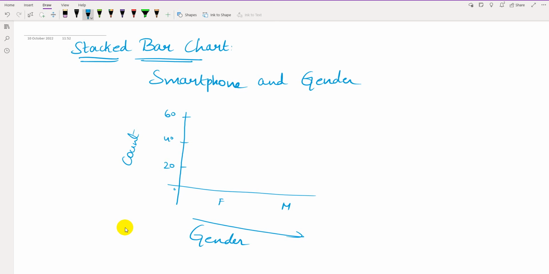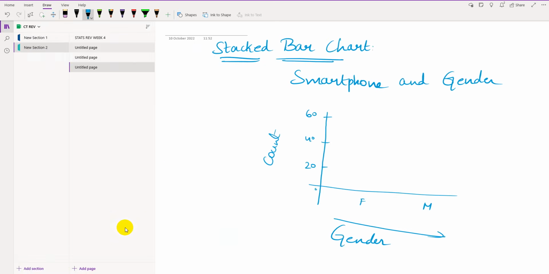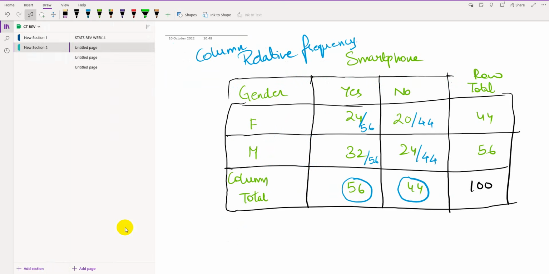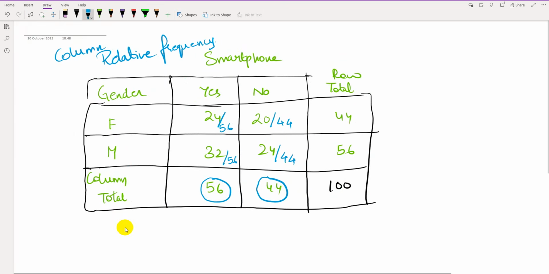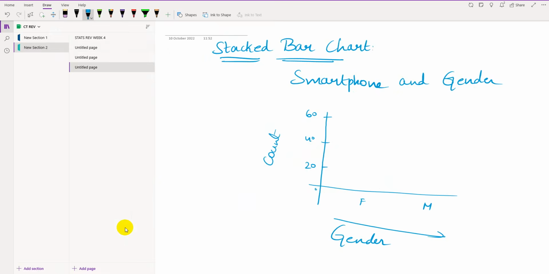So how many females have smartphones? There are 24. So here we will take 24, which is this. And the remaining in a different color, so that it tells us the percentage. It shows us how many have the smartphone and how many don't have the smartphone. 32 has.